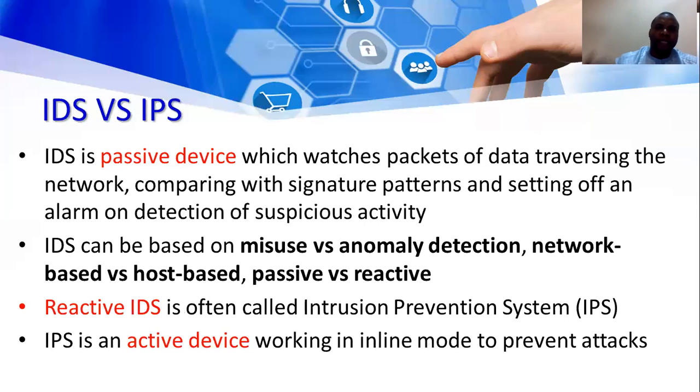But in the case of IDS, it detects intrusion and gives an alarm about this intrusion. Okay, it gives an alarm. So if you are the administrator, it gives you an alarm that there has been this kind of intrusion on the network. But for the intrusion prevention, it prevents that intrusion from affecting your network.